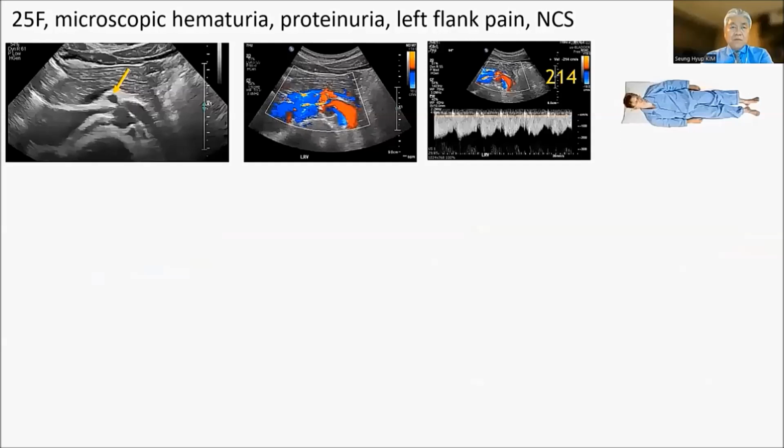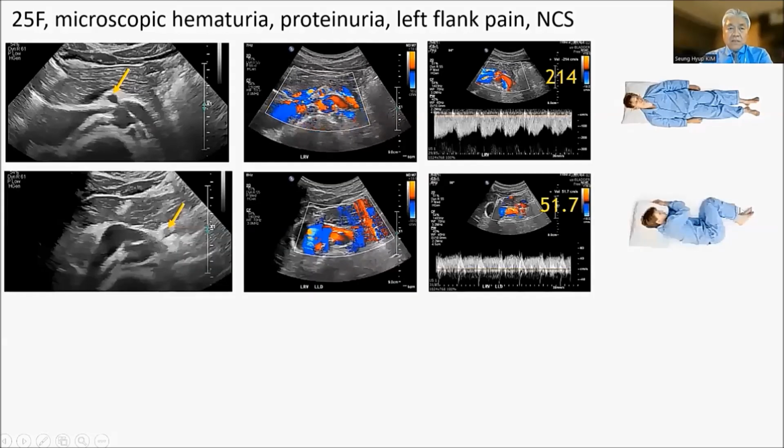A 25-year-old woman with microscopic hematuria, proteinuria, and left flank pain due to Nutcracker syndrome. In supine posture, a typical type 1 Nutcracker with flow jetting from the narrow aorto-mesenteric left renal vein with a peak flow velocity of 214 centimeters per second.